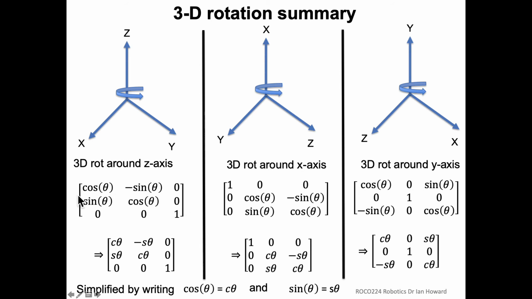Quite often you'll see the rotation matrices written in this different form. So rather than writing cos theta, there's a tendency to write c theta, and sine theta goes to s theta, right? So it's just basically a shorthand. Cos theta equals c theta, sine theta equals s theta.